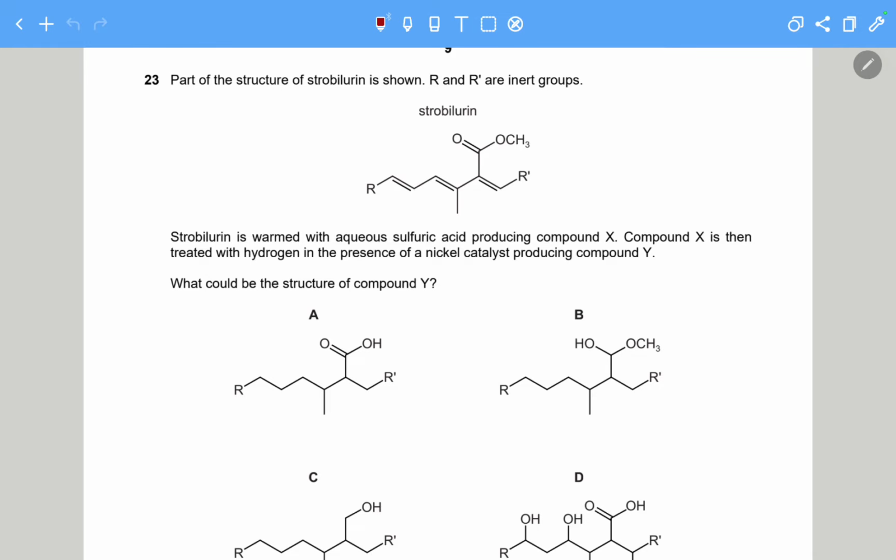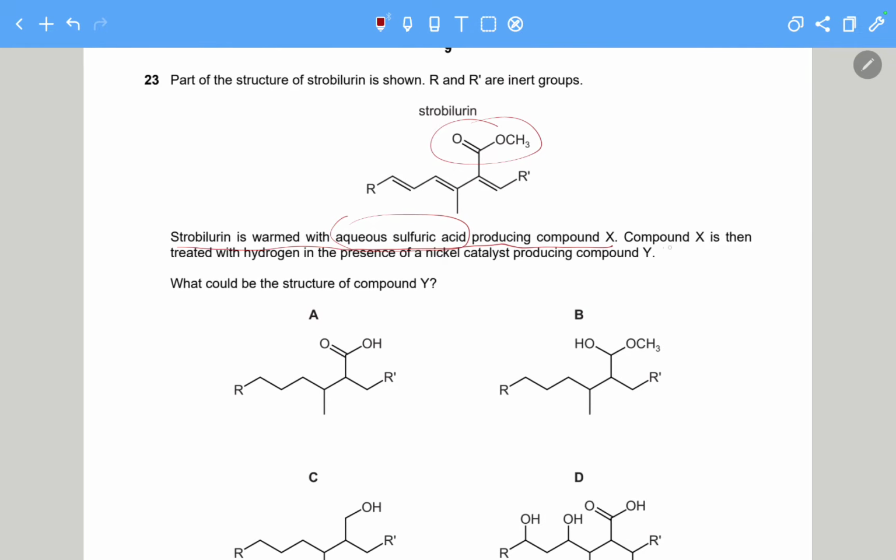Now before we look at the options, let's see what is happening here. Warmed with aqueous sulfuric acid producing compound X. You see aqueous sulfuric acid, you see an ester group, you know it's a hydrolysis reaction. We will get a carboxylic acid and an alcohol.